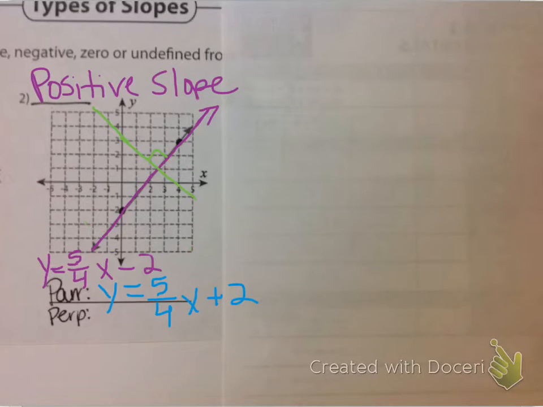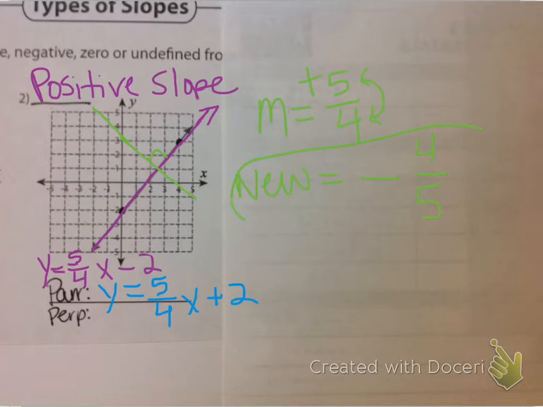So what we need to do now is switch our slope. So my original slope, my original m, is 5 over 4, and my new one for a perpendicular line is the opposite reciprocal. So I'm going to take the opposite. This one's positive, so I'm going to take negative, and then I'm going to switch these two. 4 over 5.